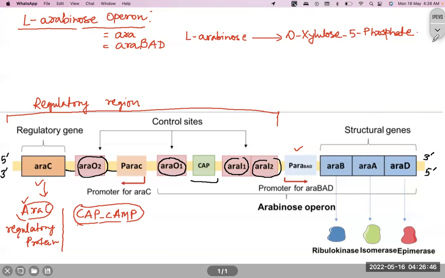Okay, so here it will read because it will go in this direction. Okay, no, sorry. So this will go in this direction because it has to transcribe this regulatory gene. So RNA polymerase will go in this direction. So RNA polymerase will read this strand. Sorry, ये नीचे वाला नहीं, ऊपर वाला. 3' से 5' डायरेक्शन में रीड करेगा, और RNA polymerase will give rise to a messenger RNA in 5' to 3' direction.